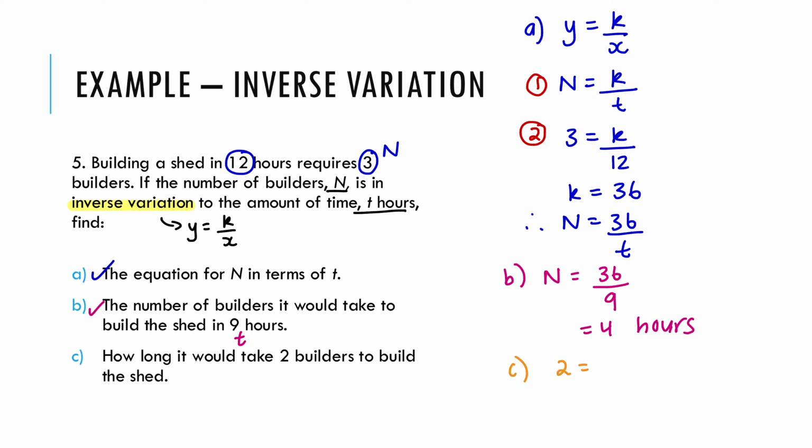So 2 will be equal to 36 over t. When I get to this one, I'm essentially swapping t and 2. So t will be equal to 36 divided by 2, so it will take 18 hours.